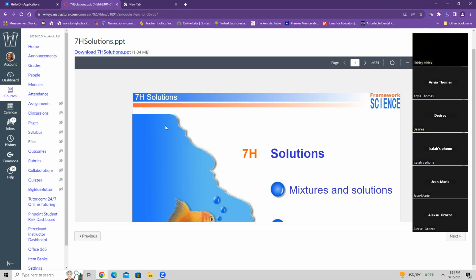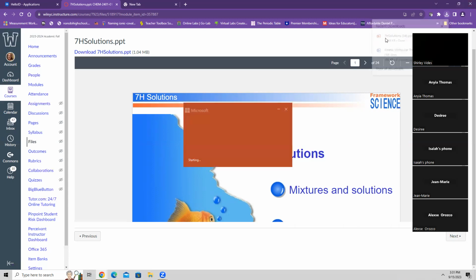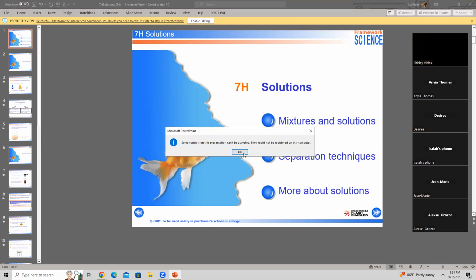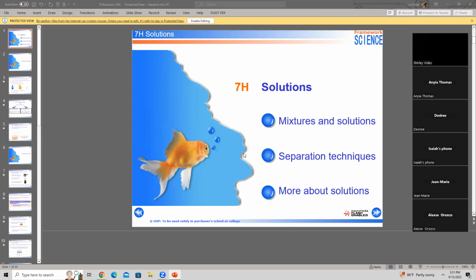We don't know yet because we haven't seen this yet, but we are definitely going to be separating things. And there are certain things that I'm going to show you that the separation will depend on. And then you have to come up with your own procedure to separate the stuff that I was telling you.